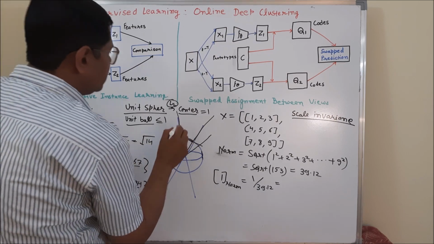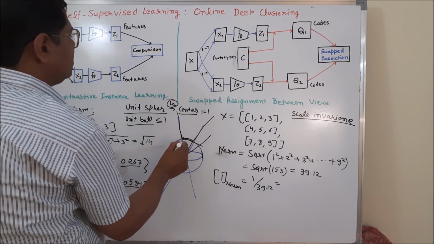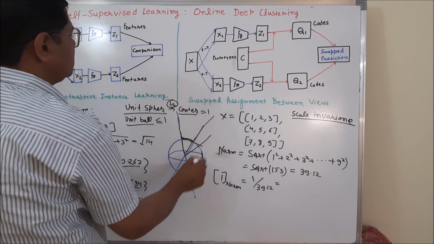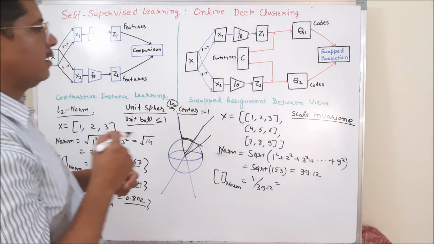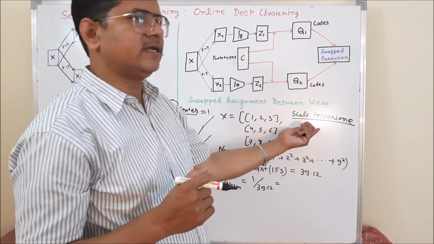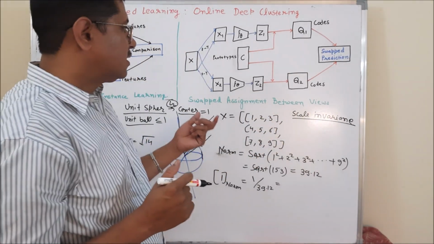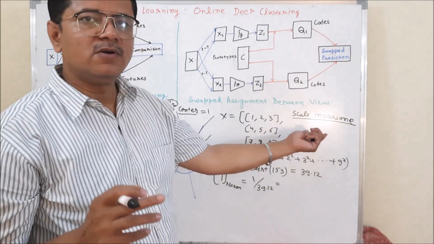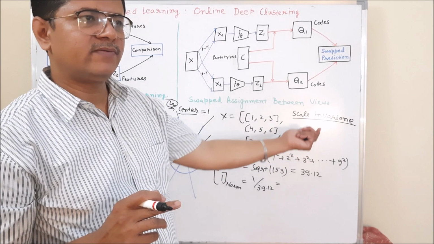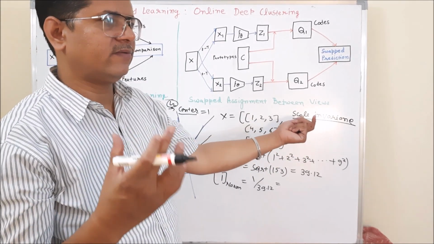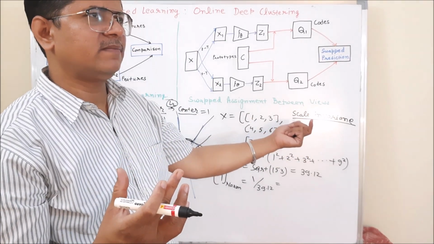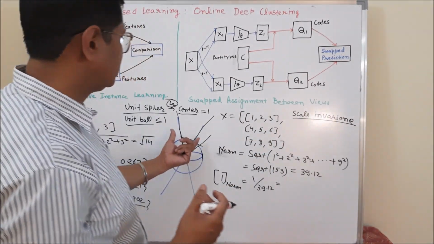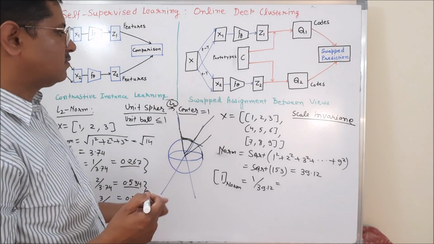That's why the unit sphere is able to project a huge number of points on the surface of the sphere. Due to this scale invariance property, the system will be less prone to overfitting, meaning the chances of overfitting will be reduced. The system will also be stable during training.